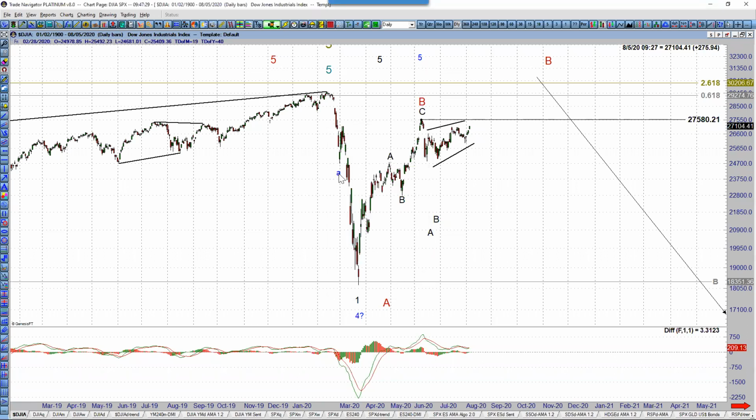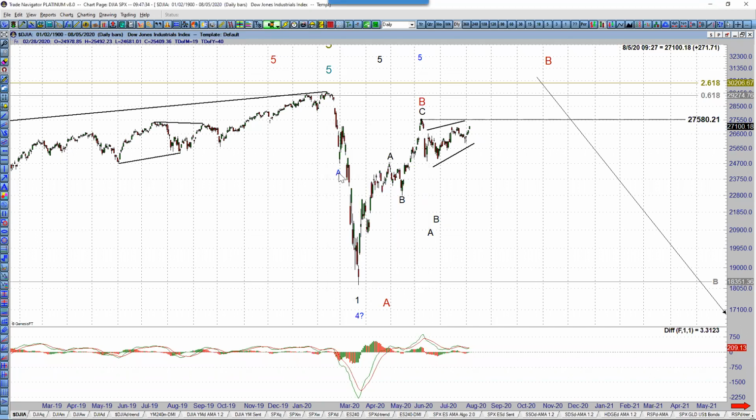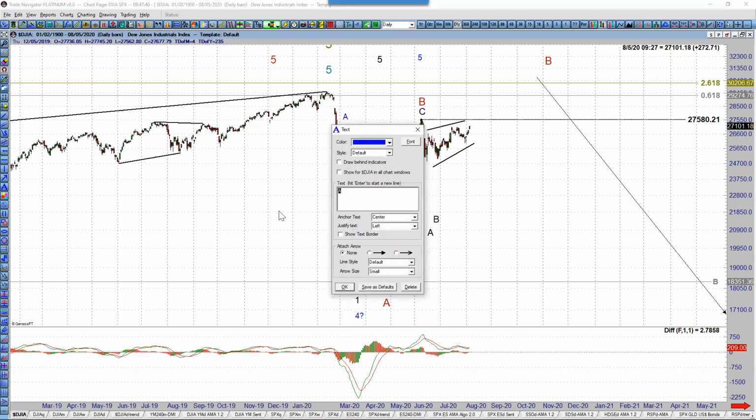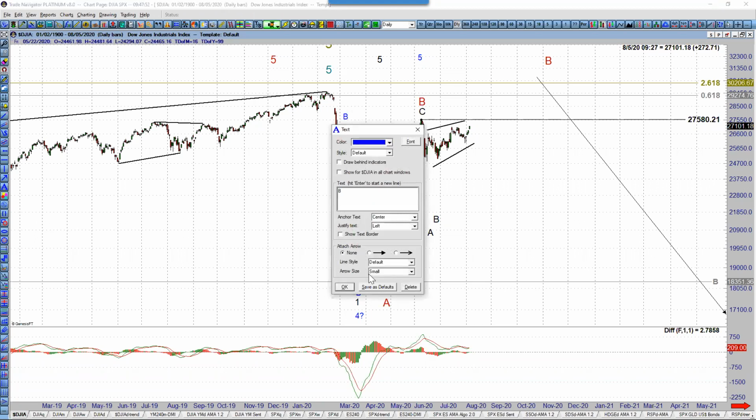When would that be allowable? Where wave 1 was just a 3-wave structure? In a diagonal, exactly. A leading diagonal or an ending diagonal, either way. But in this case, since we're labeling it with a wave 1, it would be a potential leading diagonal.